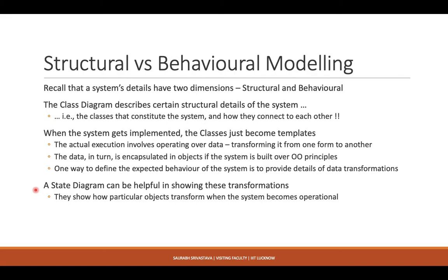So the state diagram is a diagram whose job is to show, or at least attempt to depict, how exactly a particular object changes itself during the execution of your system. So this overall idea of showing the behavior of a system by showing how the objects transform from one form to another is captured through a state diagram.